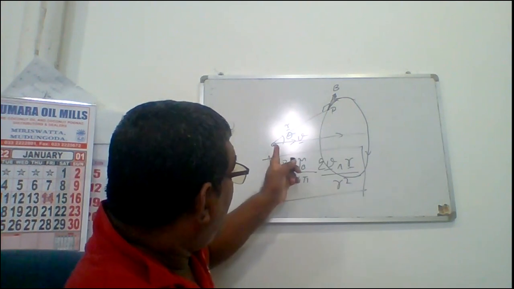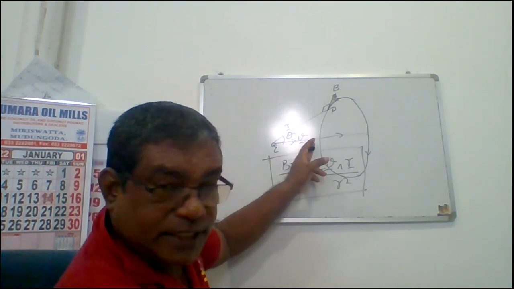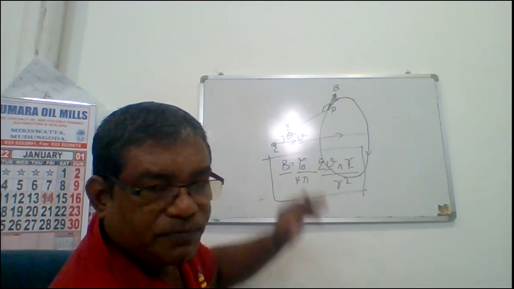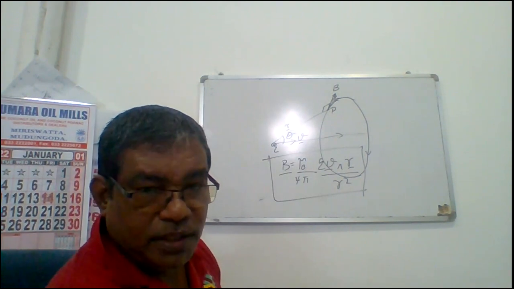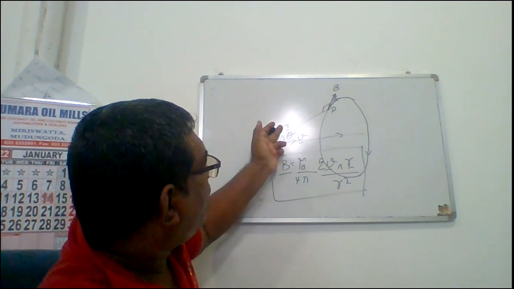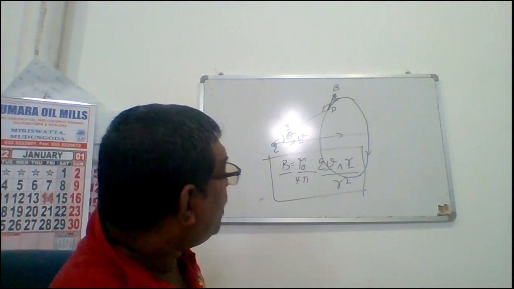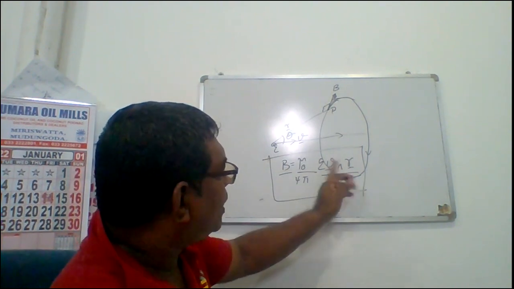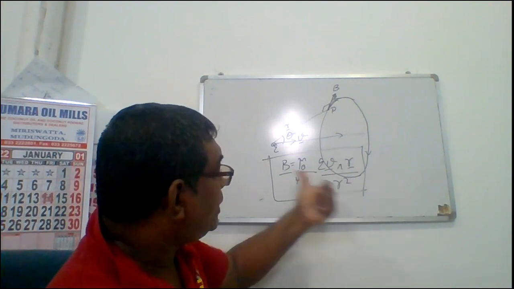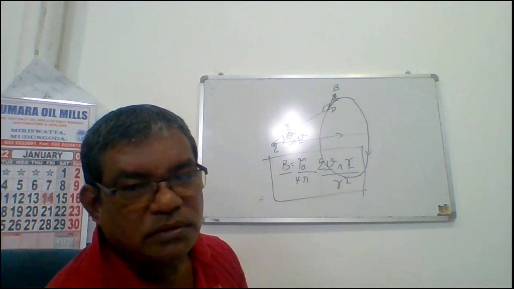We know the velocity is in this direction. So what we have to take is the cross product of the vector R and the V, right? The cross product means the final outcome is a vector.